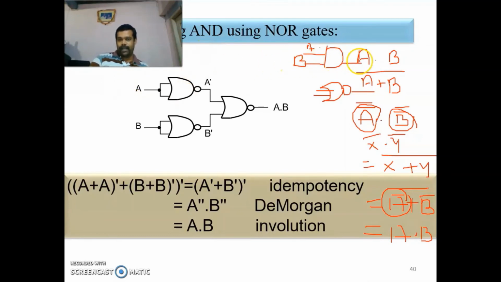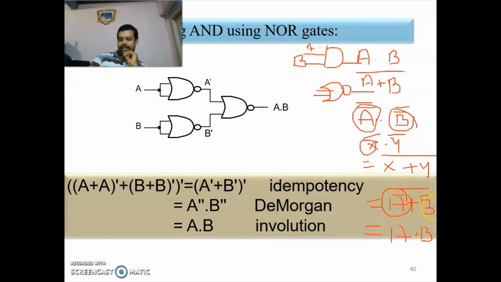What I am doing is taking A into B, then complementing it twice, then taking X equal to A bar and Y equal to B bar. So by De Morgan's law, I am getting X bar into Y bar, and X bar into Y bar is X plus Y, the whole bar. Now I am substituting the values: X is A bar and Y is B bar.